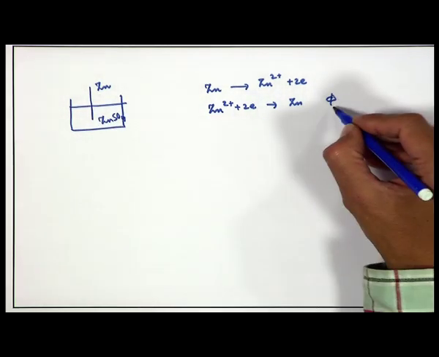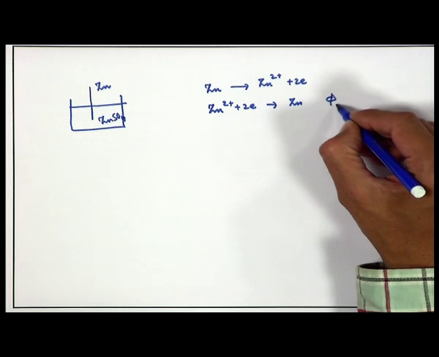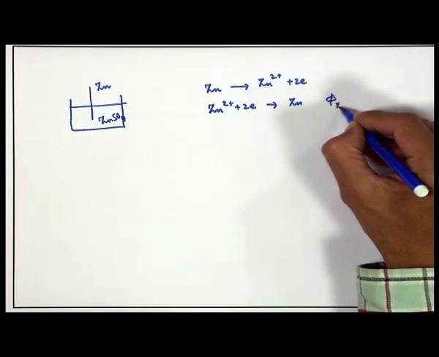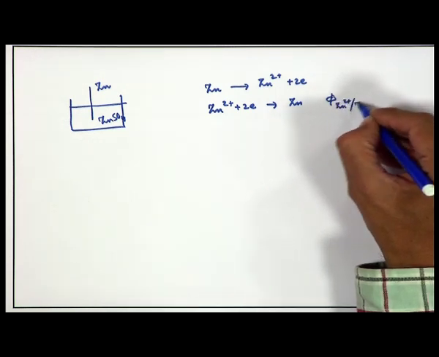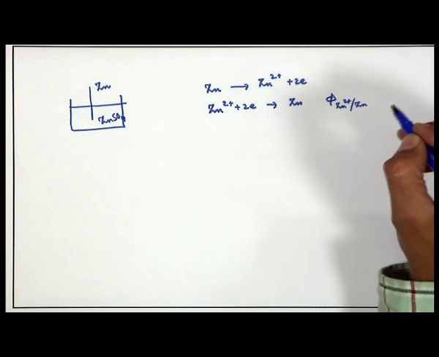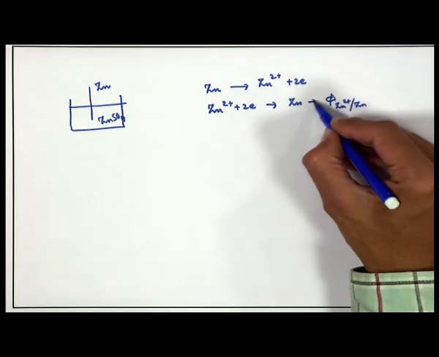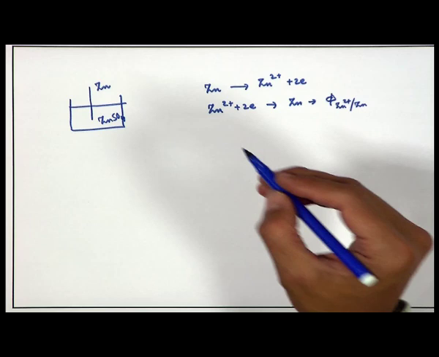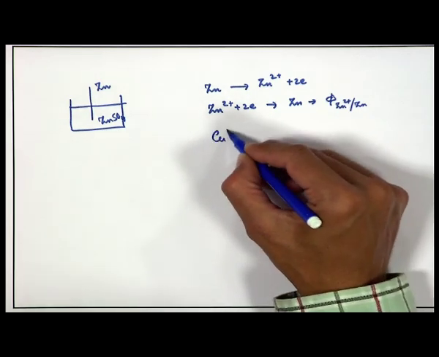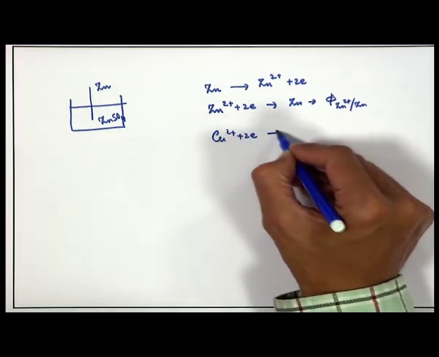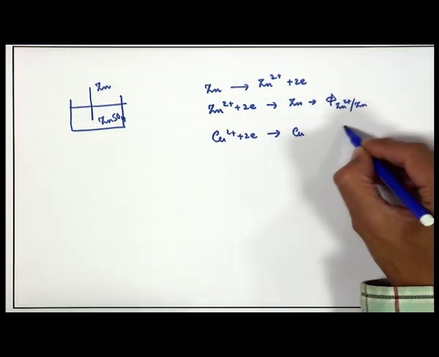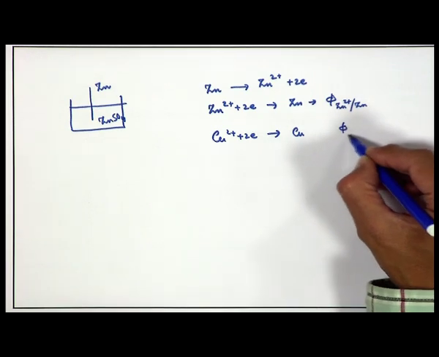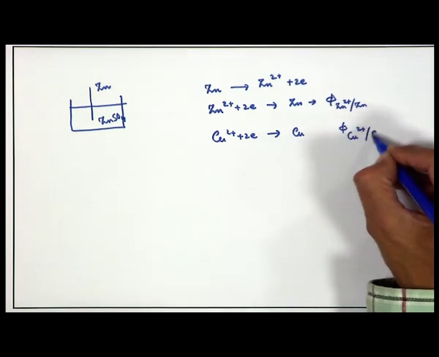Okay. So, therefore, phi, say for example, zinc 2 plus zinc, it is represented like this. So, the corresponding potential, reduction potential will have a representation like this. In the same way, copper 2 plus twice electron gets you copper 0 and therefore, phi Cu2 plus Cu.